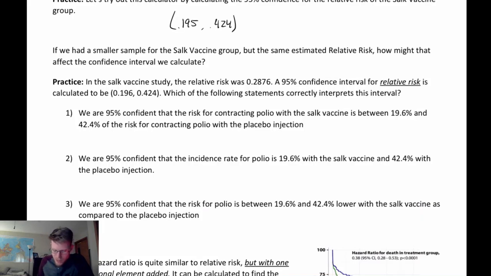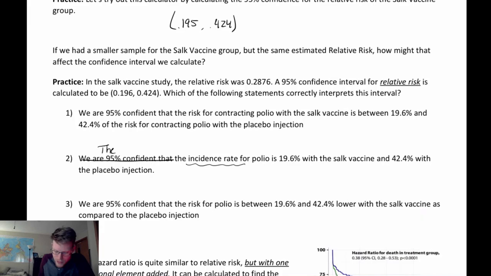Now the second statement, we are 95% confident that the incidence rate for polio is this value for the Salk vaccine and this value for the placebo. No. This statement would make sense if I was plugging in those individual absolute risk values, so I could make this correct if I just said the estimated, so let me kind of fix this a little bit.